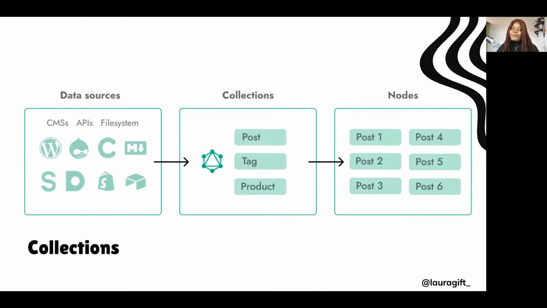You could have a posts collection, tag collection, product collection, user collection. There are several different collections that you could create, and for each of those collections, they have nodes. You can either create collections on your own or pull them from different data sources. So you could pull them from headless CMSs or different APIs.